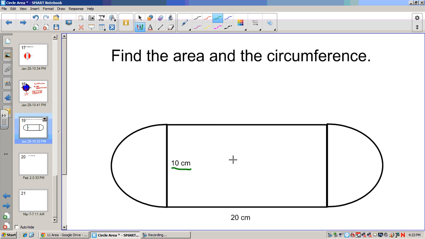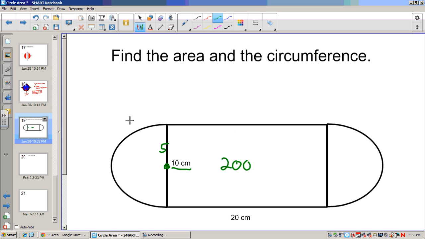20 times 10 is 200. This is half of a circle, a semicircle, and this is another half of the circle. So I can add these two together. This plus this will be pi r squared. If the diameter is 10, the radius is 5.